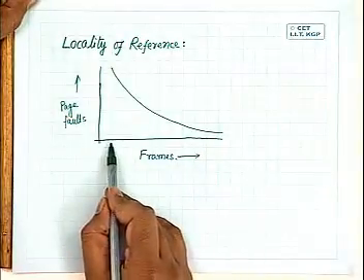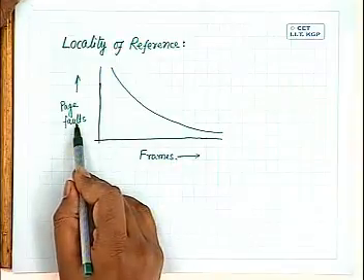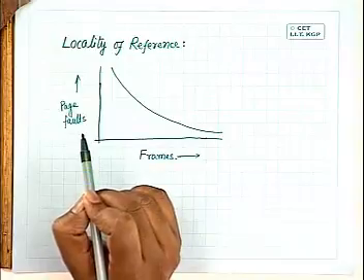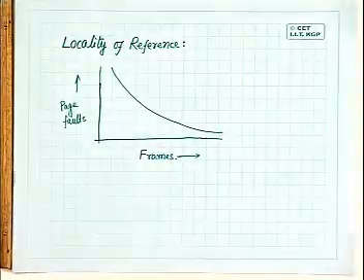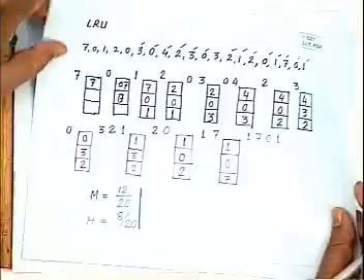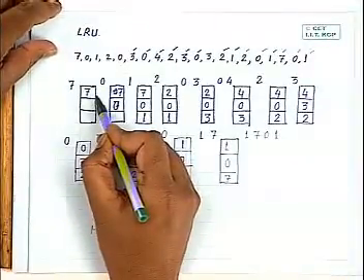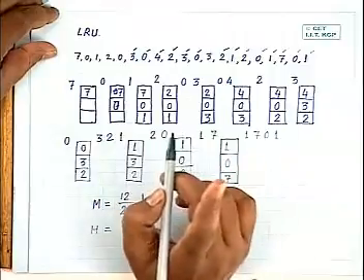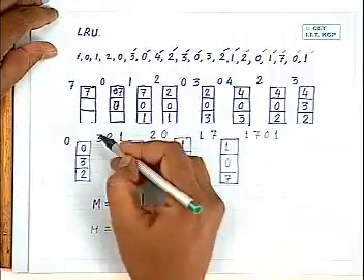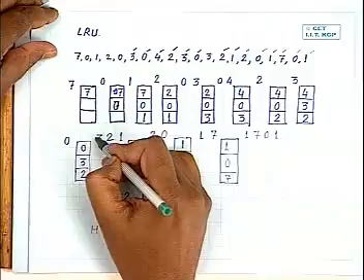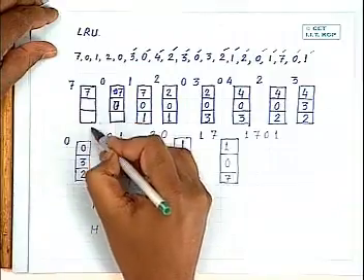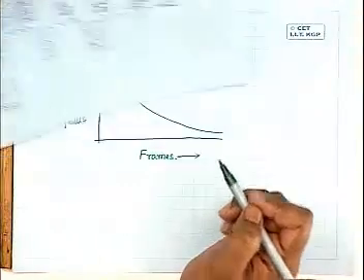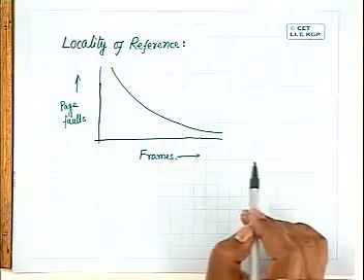So if the number of frames available for accommodating the pages is less, then the number of page faults will increase. And that is quite obvious. If instead of having 3 frames, I have only 1 frame to accommodate the pages, then every time a new page is referred, there is a page fault. If I increase the number of frames, the number of page faults will decrease. And this will follow a trend like this.